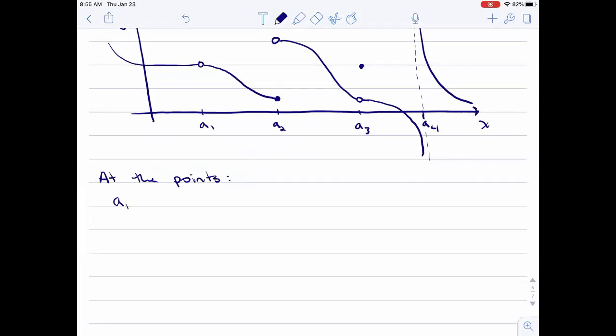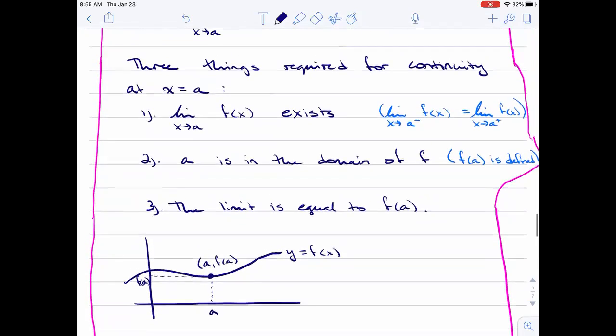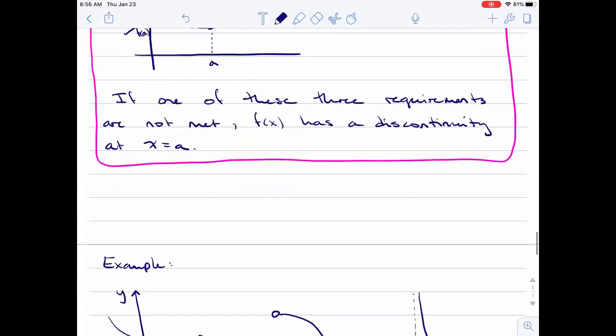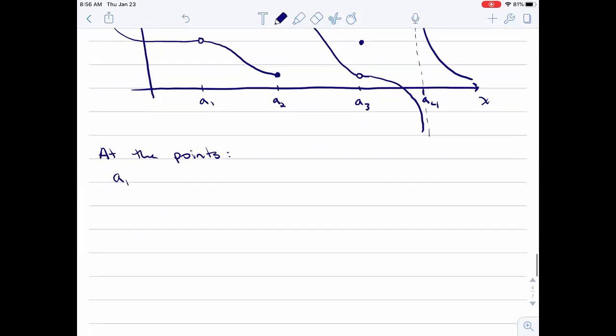And so at the points A1, let's start there. The first condition was that the limit exists. There's no reason to say it doesn't, right? If I approach A1 from both sides, the limit exists, right? And so that's good. But f of A1 is not defined. So at A1, the limit exists, right?